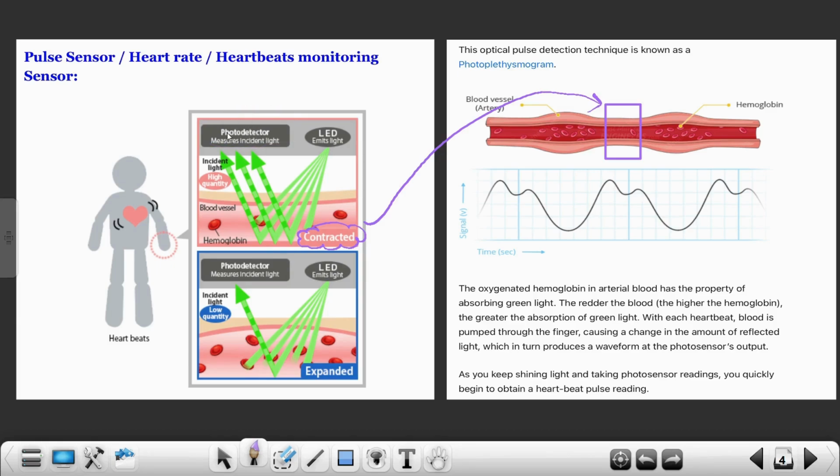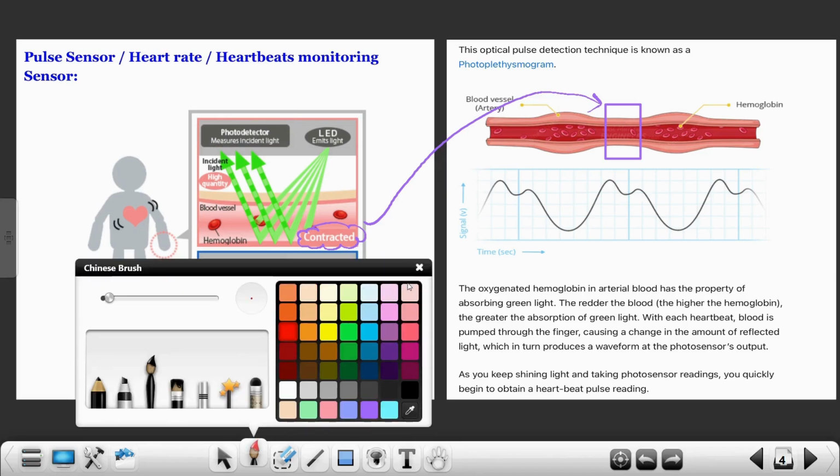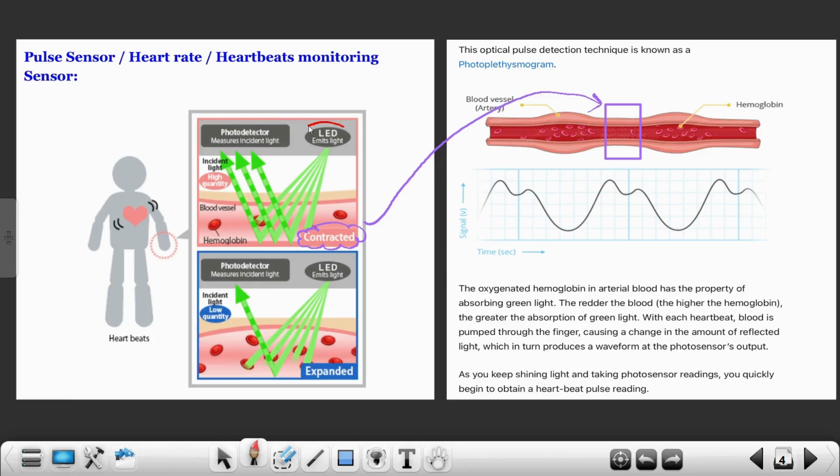Again, the light emitted by the LED is incident on the blood, but since it has very little hemoglobin, the majority of the light is reflected back to the photo detector.